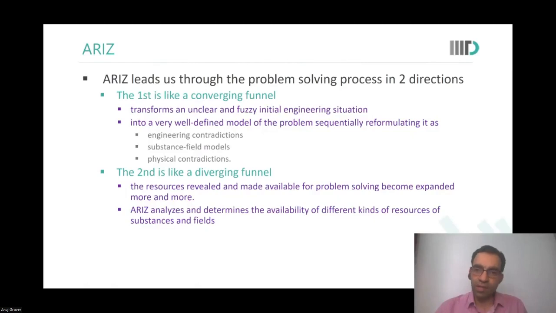So there is a converging funnel and a diverging funnel which get created simultaneously. The converging funnel transforms an unclear and fuzzy initial engineering situation into a very well-defined model of a problem by sequentially reformulating it initially as engineering contradictions, then substance field models, and then as physical contradictions.